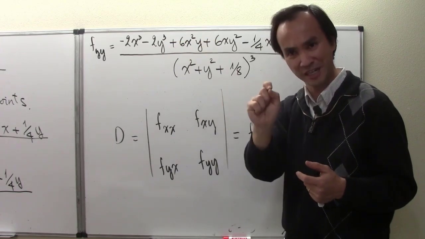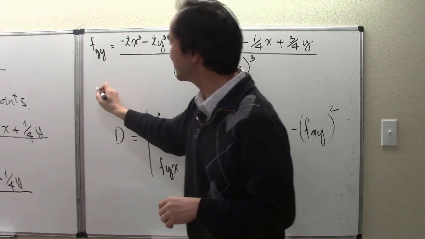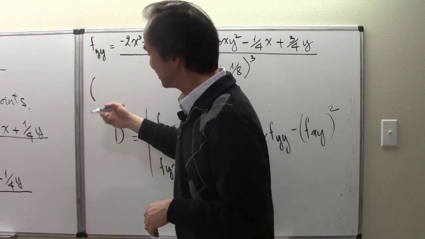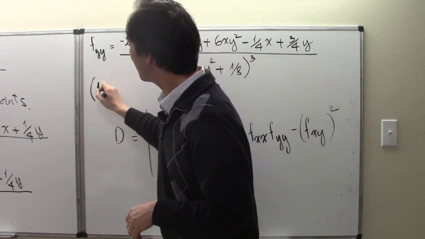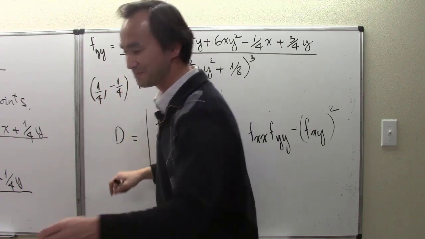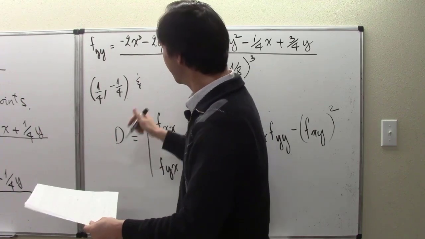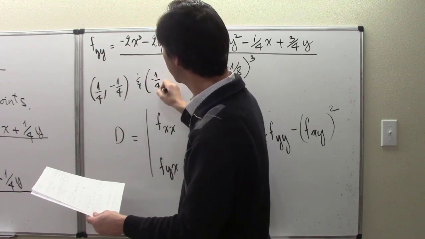One critical point we found is at 1/4, comma negative 1/4, and another is at negative 1/4, comma 1/4.